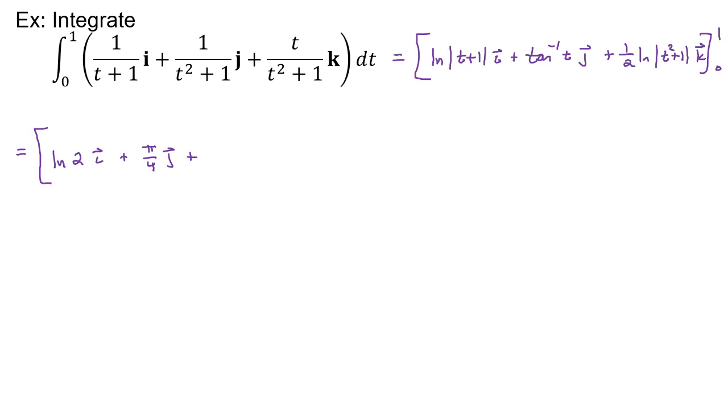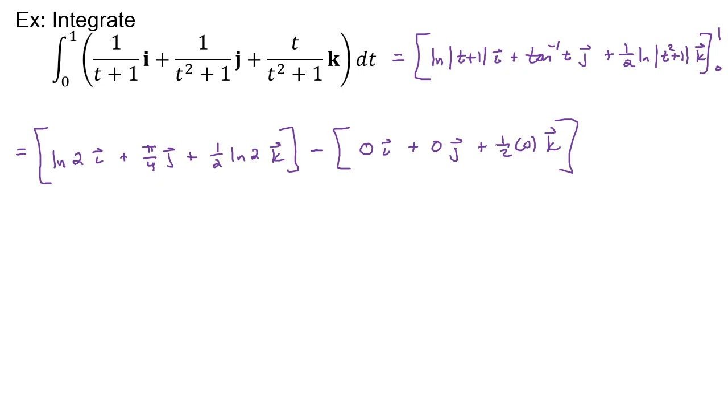And then if you plug in 1 on the other one, 1 squared plus 1, that'll give you a 1/2 natural log 2 on the k. If you plug in the 0, natural log of 0 plus 1 will be natural log of 1, which is 0. Tangent inverse of 0 is 0. And if you plug in 0 on the other one, you'll also get 1/2 of 0. Okay, so it actually all goes away.